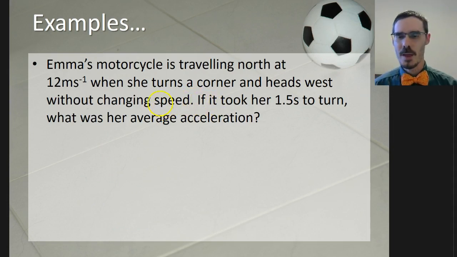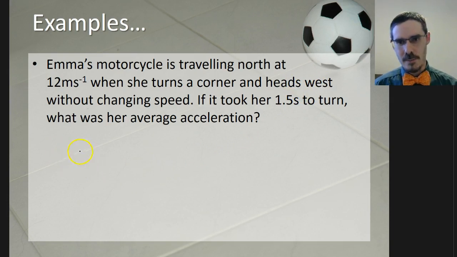Final example. Emma's motorcycle is travelling north at 12 metres per second when she turns a corner and heads west without changing speed. If it took her 1.5 seconds to turn, what was her average acceleration? Now, be careful. She hasn't changed speed, but she has changed direction, which means her velocity has changed.